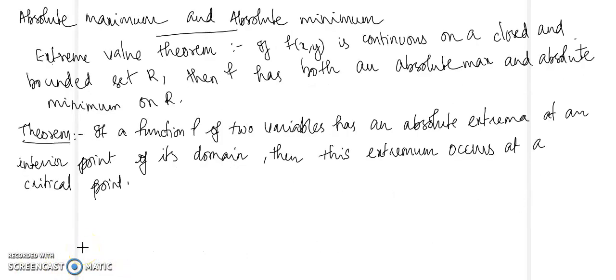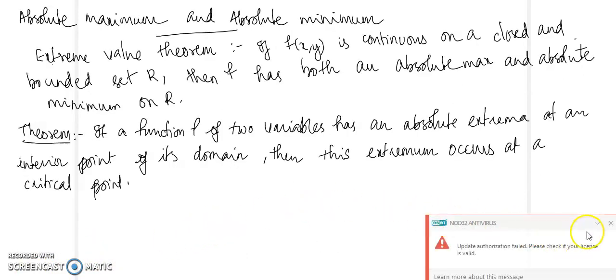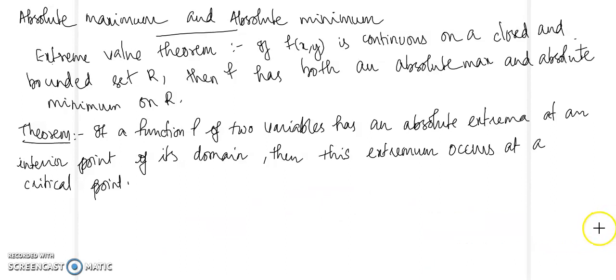Now let us go on to finding absolute maximum and absolute minimum. So we have seen a theorem called the extreme value theorem in the last class, which gives us the condition for a function to have an absolute maximum or absolute minimum.